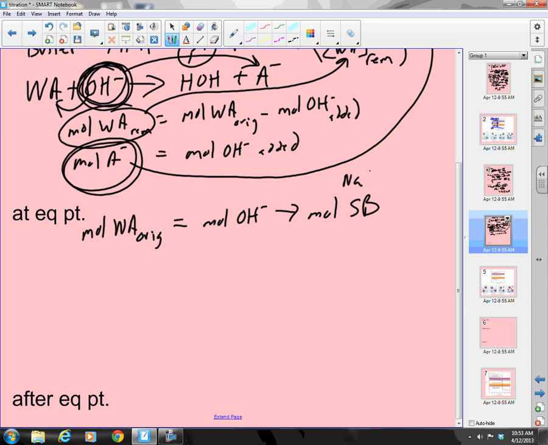If I'm using sodium hydroxide, that's 1 to 1. And then I want to get the volume of my strong base, which will be equal to the moles of my strong base over the molarity. So that's how I get my liters of strong base necessary to reach the equivalence point. Good. Now, at the equivalence point is where the fun really begins.